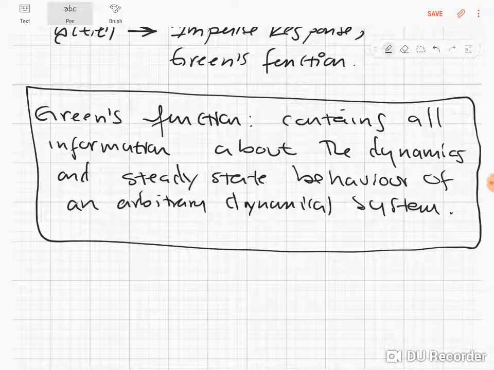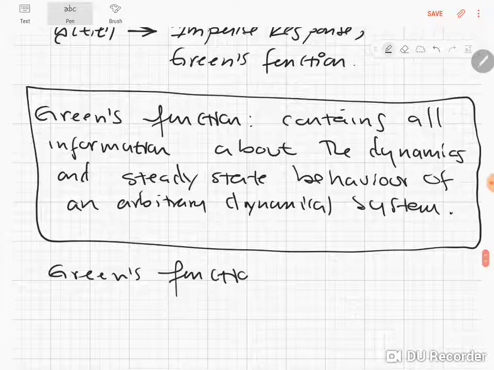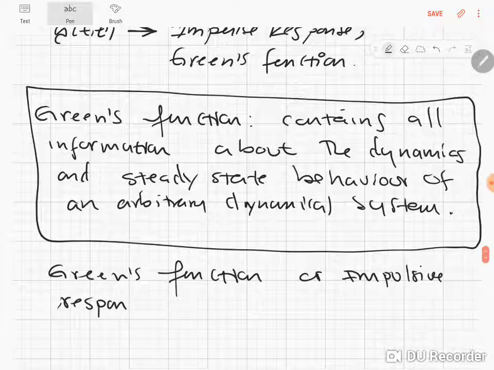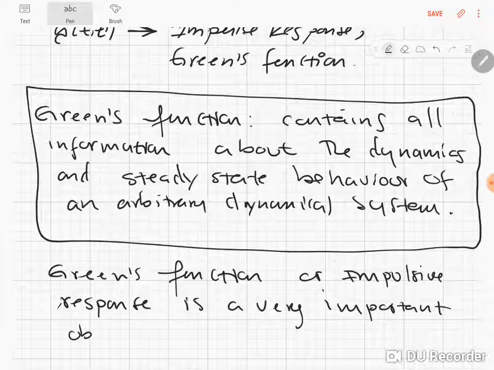So this has to be very clear. The Green's function, or impulsive response, is a very important object.